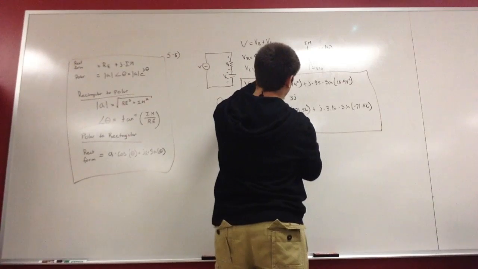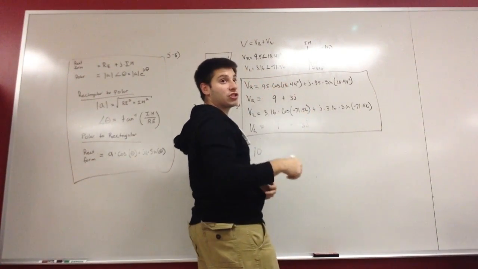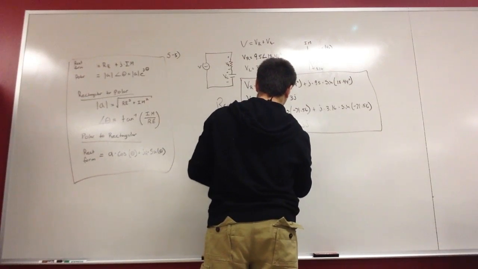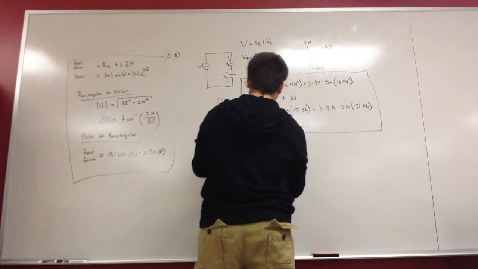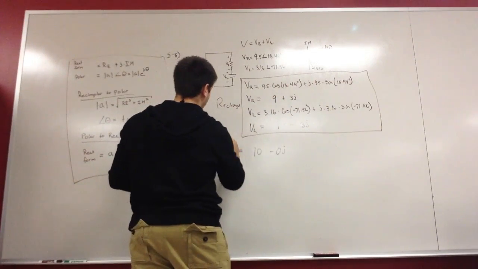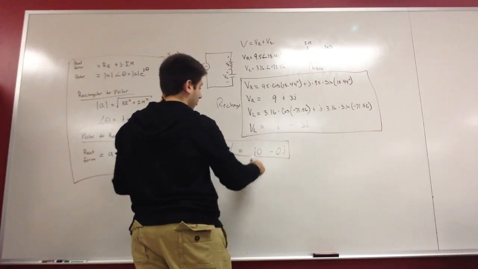Adding the imaginary, we're adding a 3j to a minus 3j, which gives us 0j. So this only contains a real component, and this is in rectangular form.